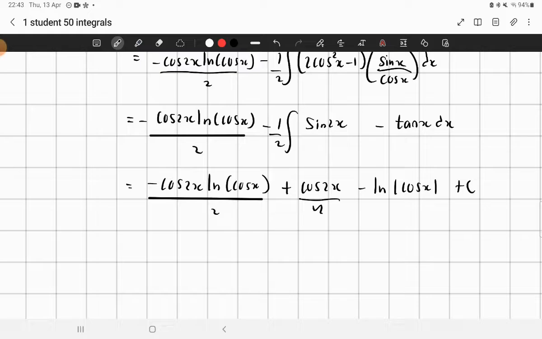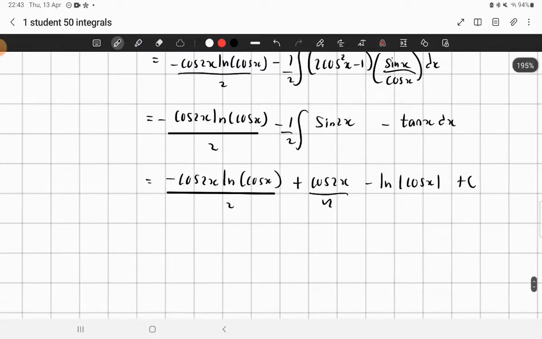This is troublesome. I can't even determine which part I am wrong on. Wait, let me. Ln of x, tangent. The integral of tangent will be, yeah, negative ln cosine of x.